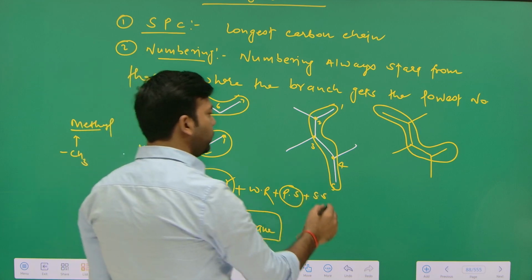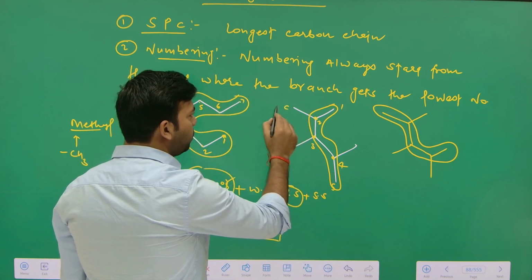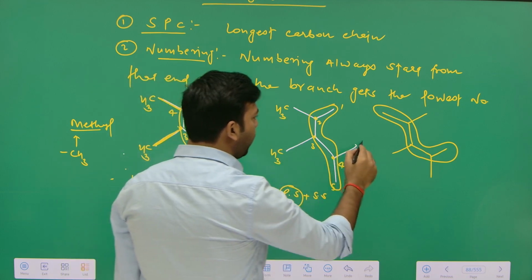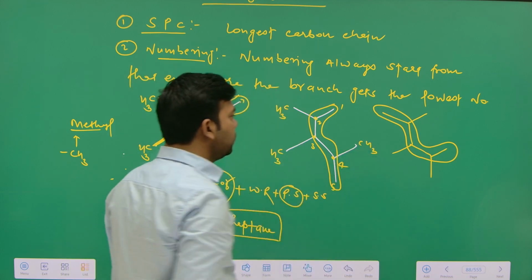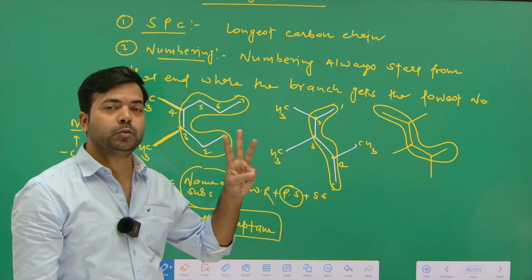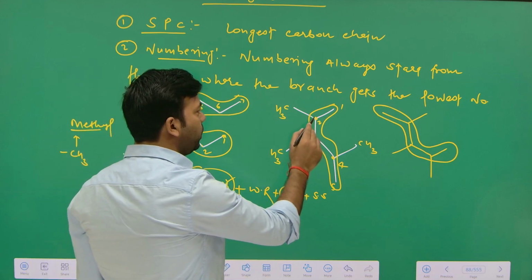Now look at this one. Number 2 has a methyl, number 3 has a methyl, and number 4 also has a methyl. Same substituent multiple times. This time it is 3 times, so we will use tri, and you can see number 2, 3 and 4.